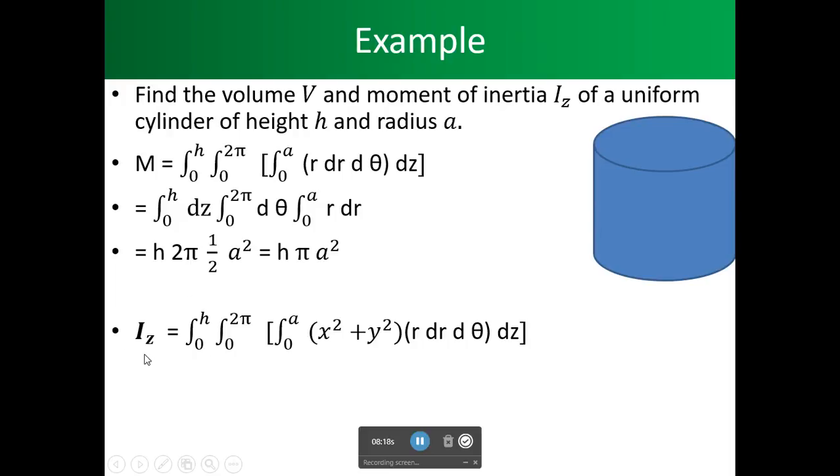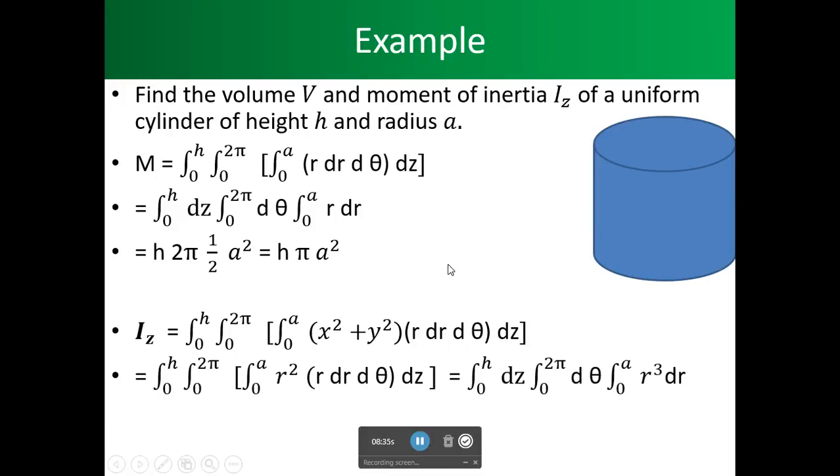Okay, now we're going to look at the moment of inertia. Remember, if it's about z, it has to have x squared plus y squared, since z squared must be eliminated, times our dV. So we have x squared plus y squared equals r squared, so we are substituting that in.